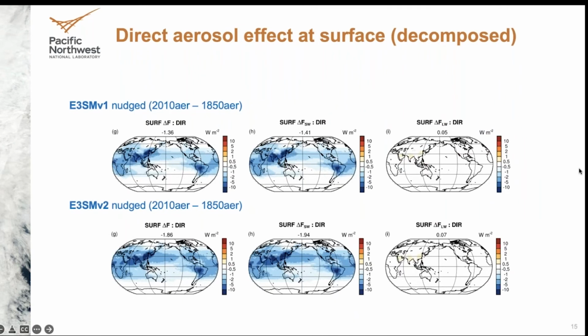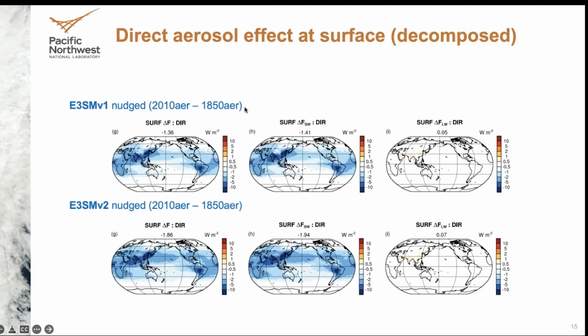Now I'm going to show you some surface forcing results, because we find that the model has significant changes and it might be a problem. Here I'm showing the direct aerosol effect at the surface. This is a decomposed forcing based on the Ghan method.